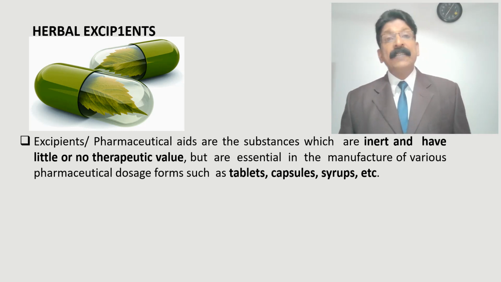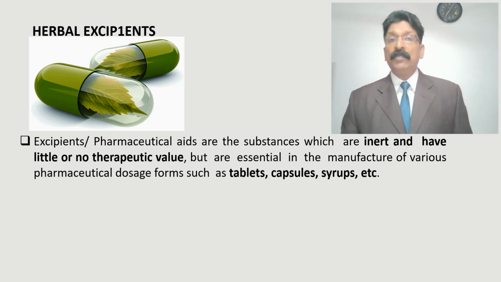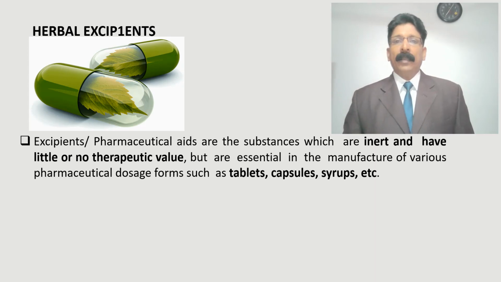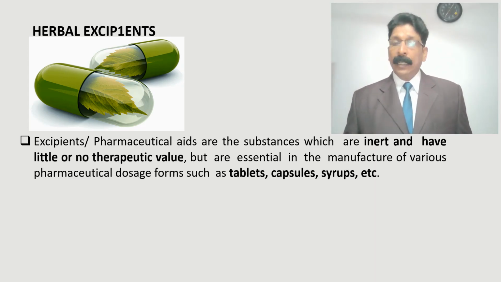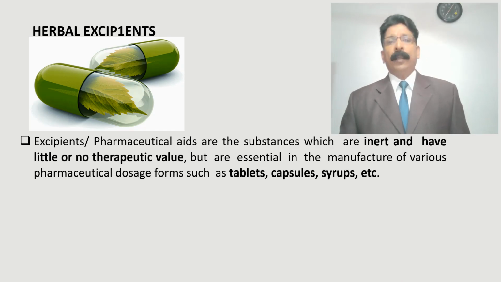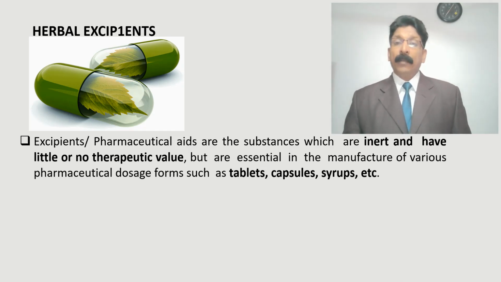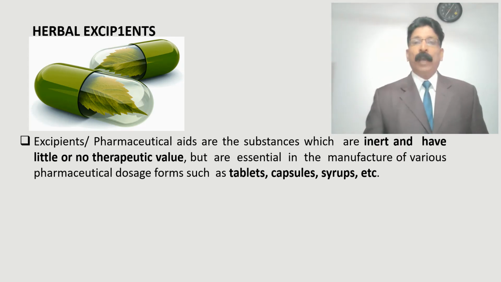Excipients are pharmaceutical aids, you might have used the word pharmaceutical aid. A compound or a chemical or any substance which is used in the process or in the application of any type of manufacturing of formulations.